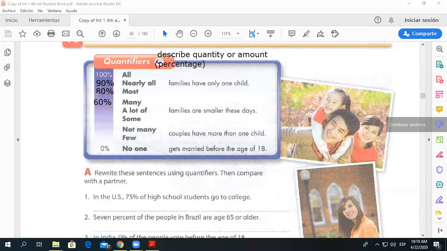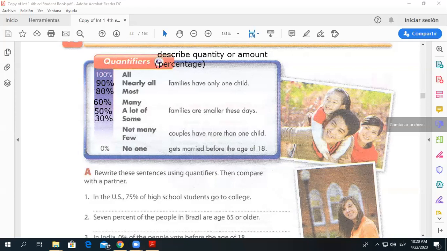60%. A lot of, you can say 50 or 40, whatever you prefer. Some we can say that's, I don't know, maybe 30%. Around 30%, some. You see?